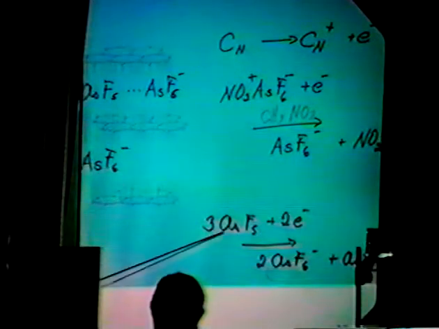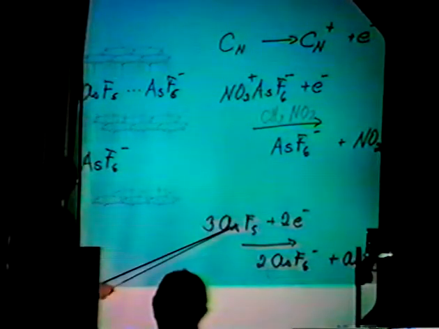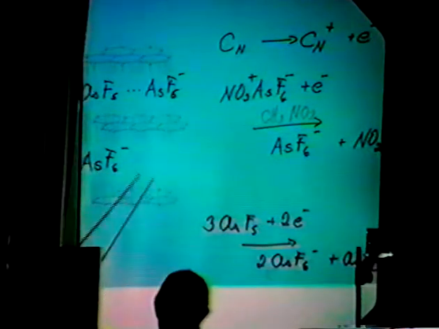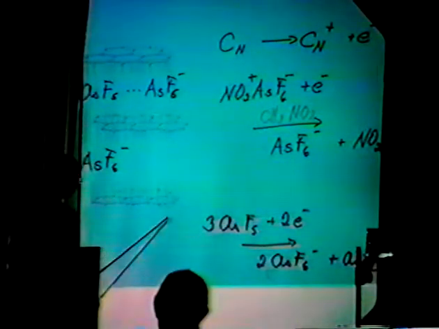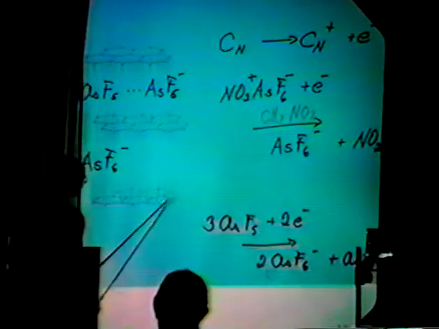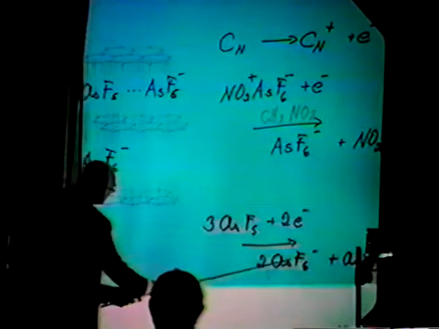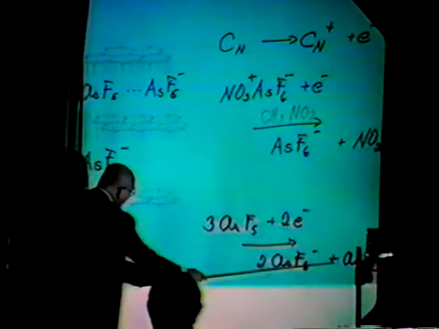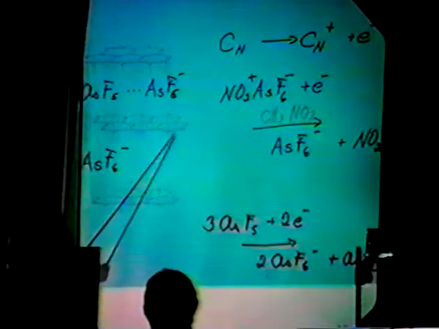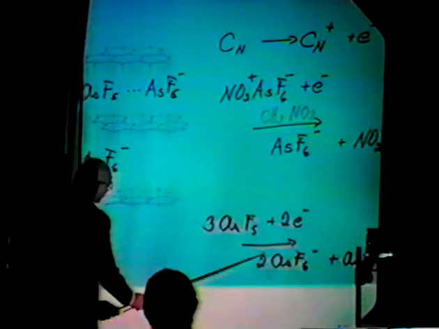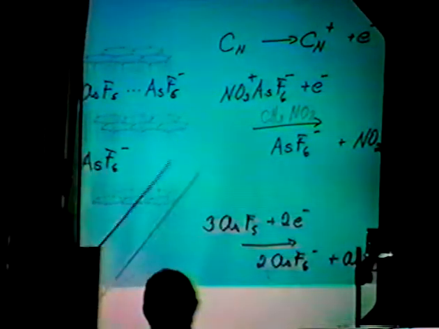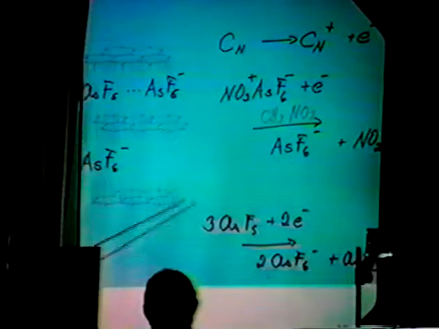For instance, we can react AsF5, take 2 electrons from the carbon and deposit 2 positive charges on the graphite, and make some AsF6- and AsF3. These are all between the layers of the graphite, all of these different chemical species. And one of the things you want to look at is finding the equilibrium constant for this reaction, but that's not the topic today.